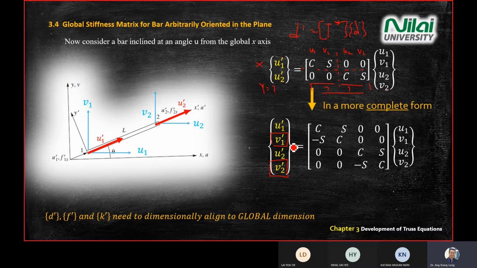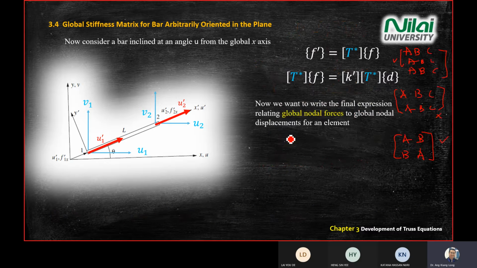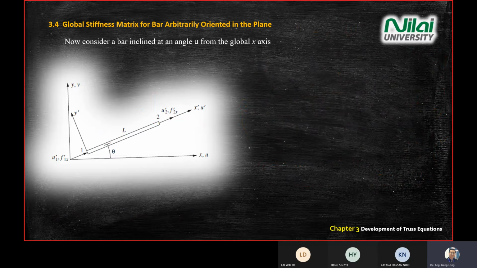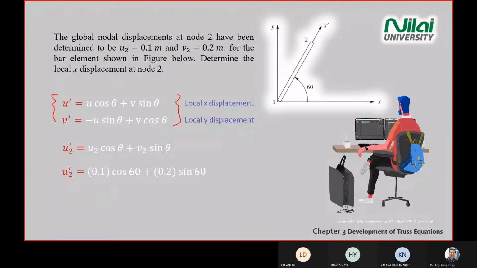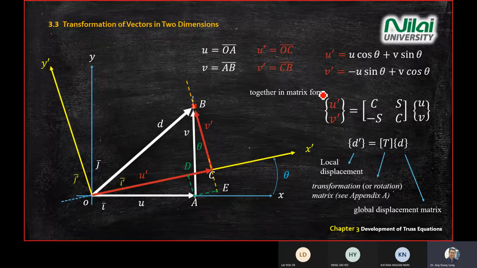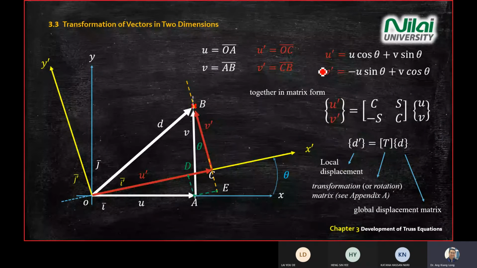Just call back the equation that we derived earlier this morning. So you just put in accordingly. V1 prime equals negative sine V1, right? How do we get negative sine and cos here? You recall in the previous slide, when we did the transformation with this one. Okay, yeah, this one.